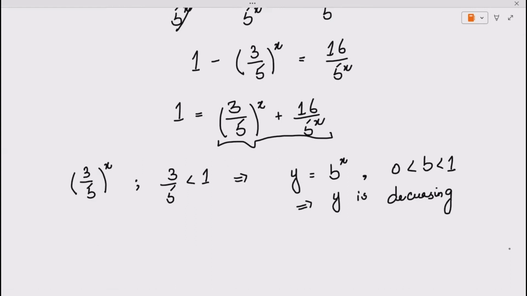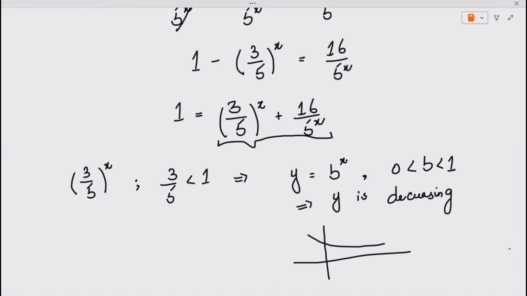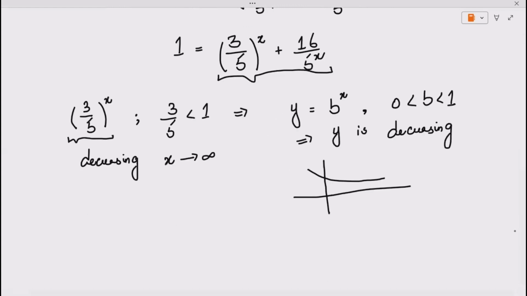So actually if you draw it, you can find out a graph like this, right? So it means that this is a decreasing function whenever the value of x increases, right? After that, we have another term. Let's take this.